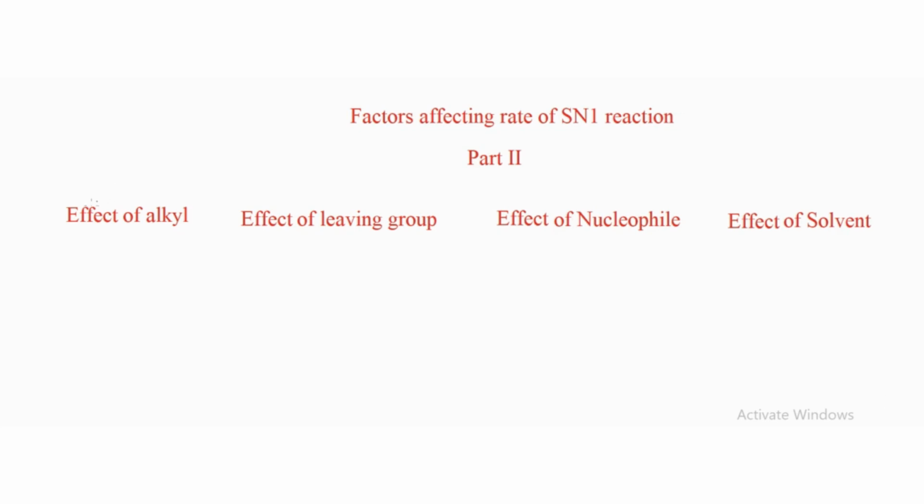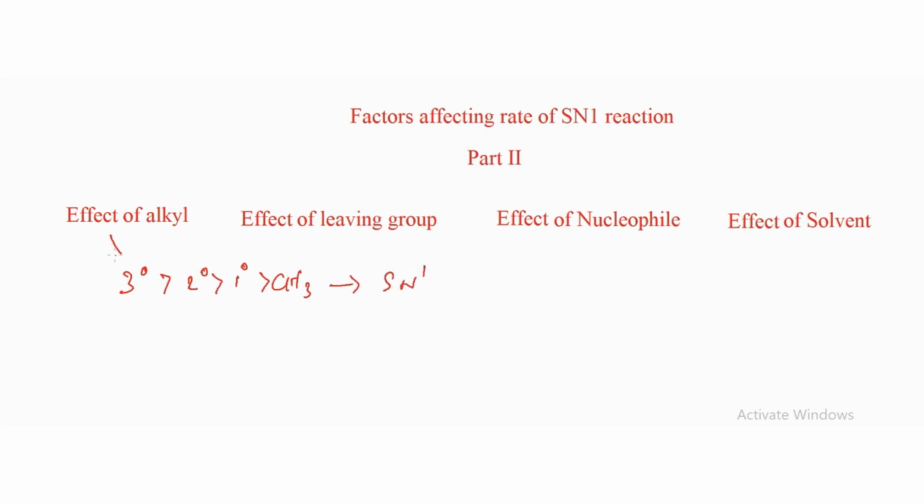So generally what the students will think is, in the effect of alkyl group, the tertiary is fastest for SN1, and for SN2 we get the opposite.